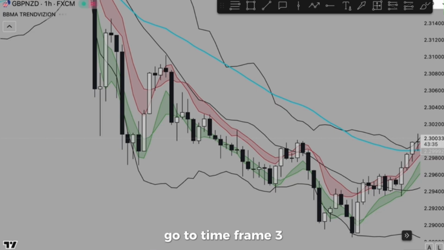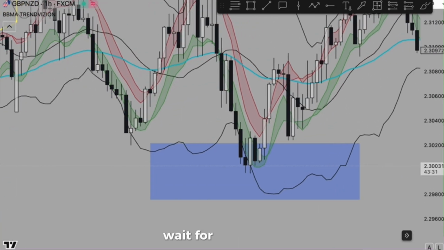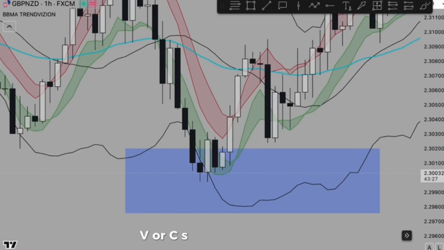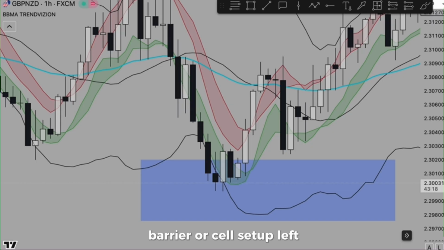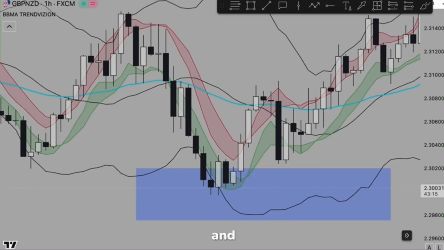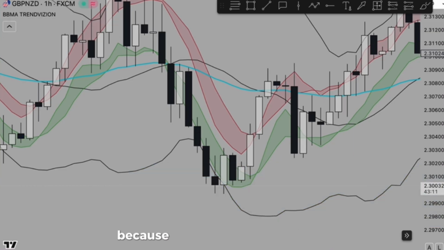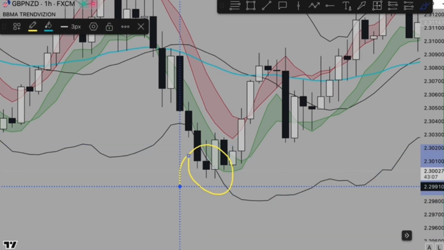Go to time frame 3, wait for either MHV or CSAK buy, because CSAK buy means that there basically is no barrier or sell setup left.